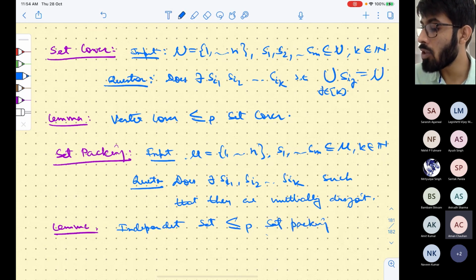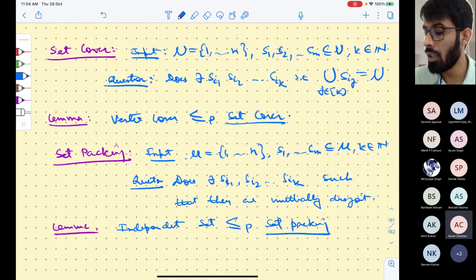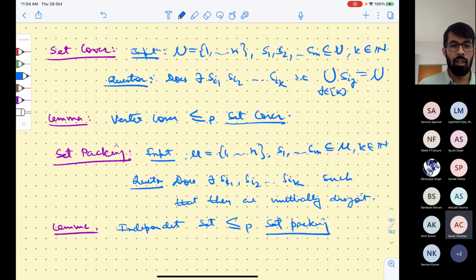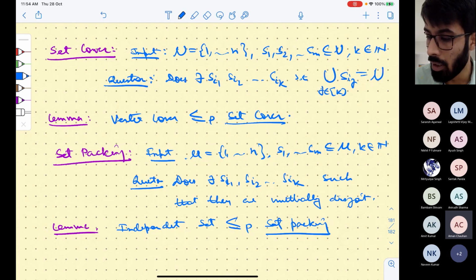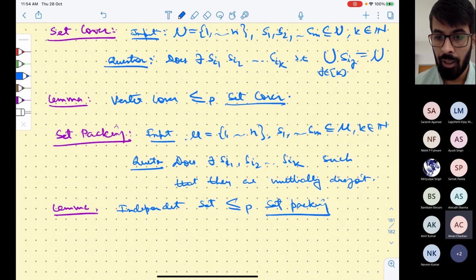Since these are more general problems, we can reduce the special cases to the general versions of the problems. I would like you to think about these two results before you look them up in the book. They are very simple, and you should think about them a bit to see why these things happen.